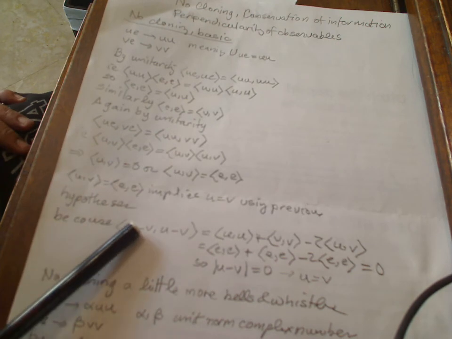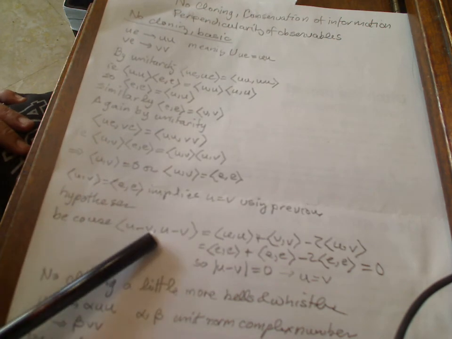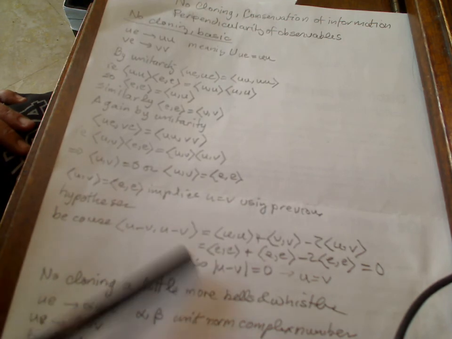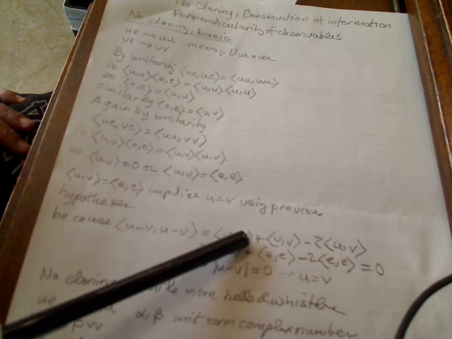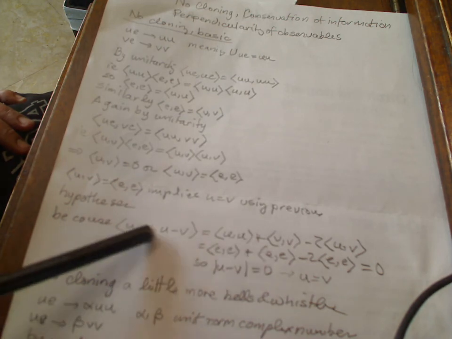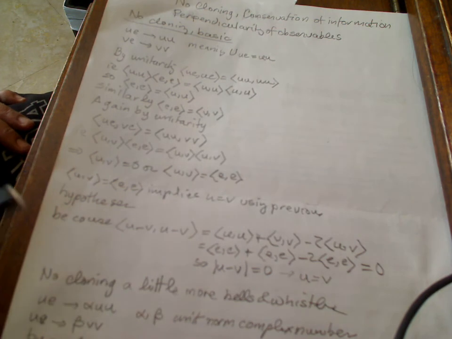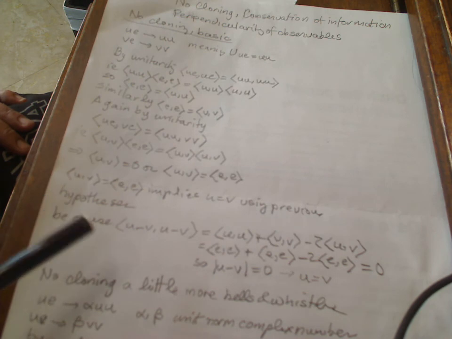Let's take U minus V, inner product with U minus V. What does that give us? UU plus VV minus 2 times the inner product of U and V. Remember that in these Hilbert spaces, the inner product of a vector with itself is positive. It's not like in Lorentz.